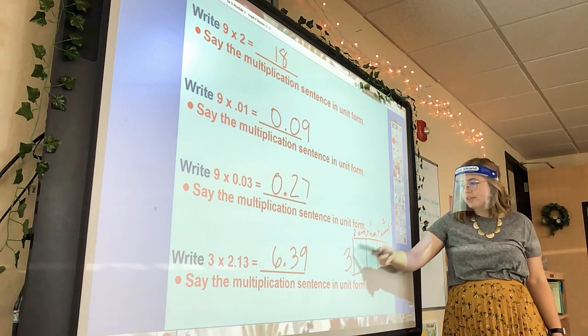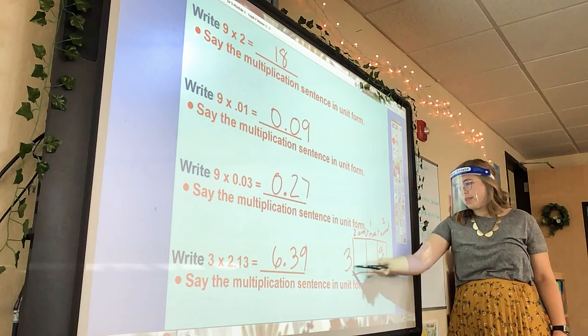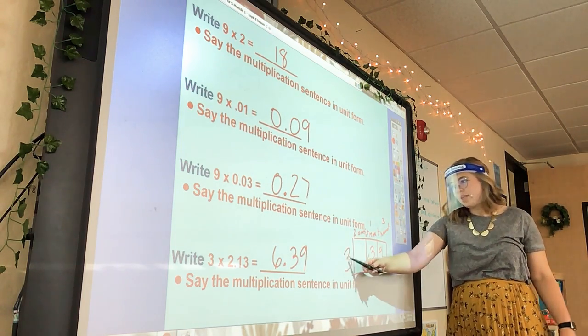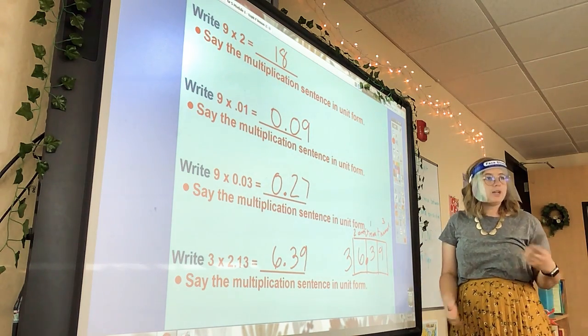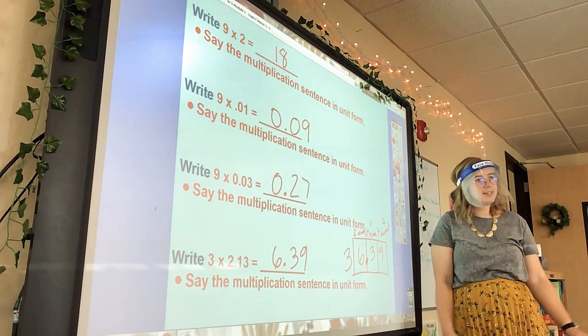And then it's like 3 times, well, you want to start from the right. So 3 times 3, 9, 3 times 1, 3, decimal, right? 3 times 2, 6. So that's why I was saying think an area model. But you could totally do standard algorithm. But it's a little hard to visualize that in our heads.